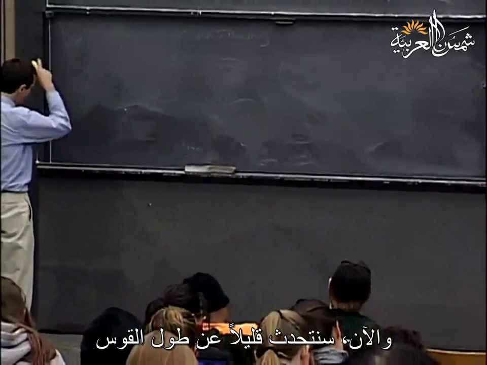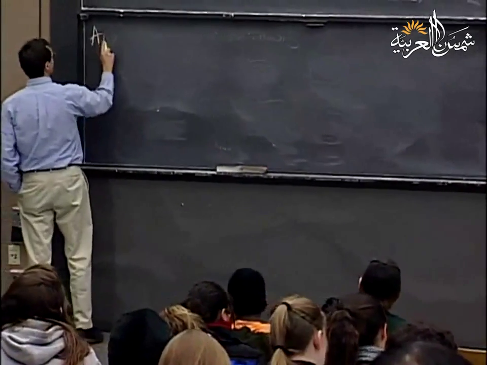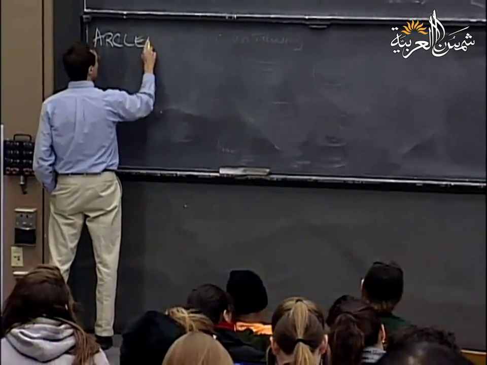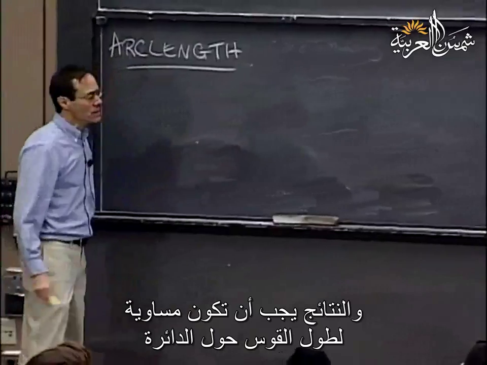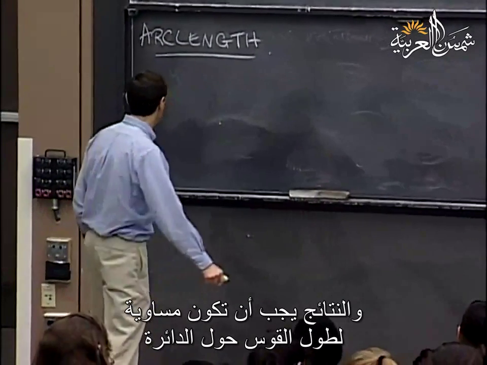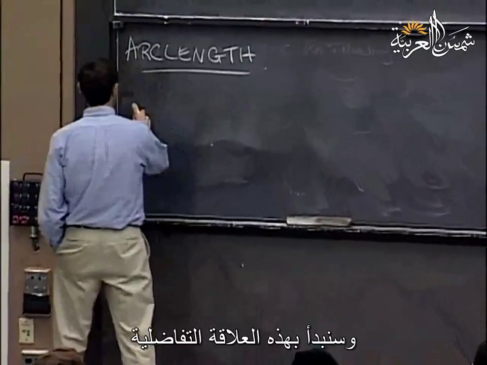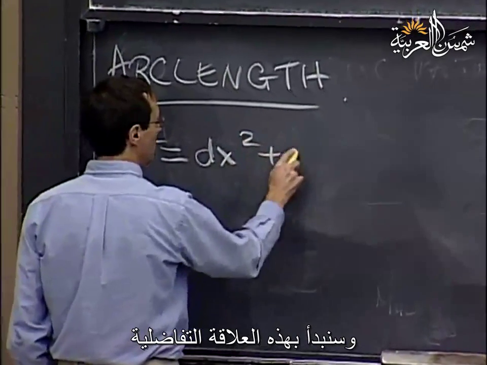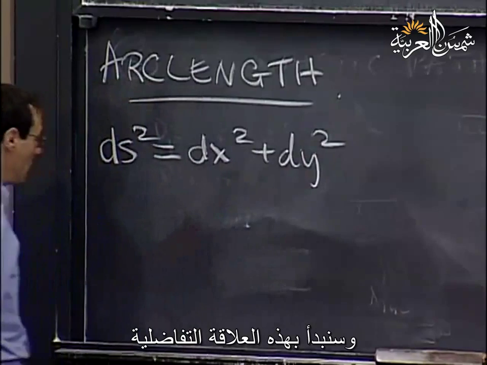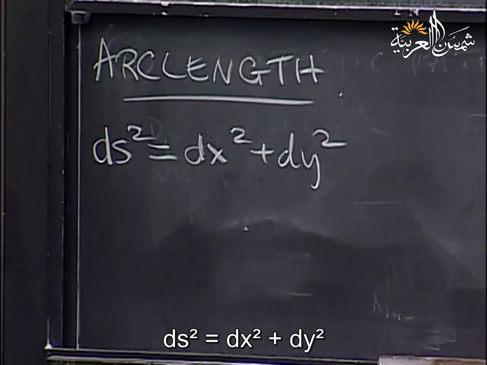So now I have to talk to you about arc length in this parametric form. And the results should be the same as arc length around the circle ordinarily. And we start out with this basic differential relationship. ds squared is dx squared plus dy squared.